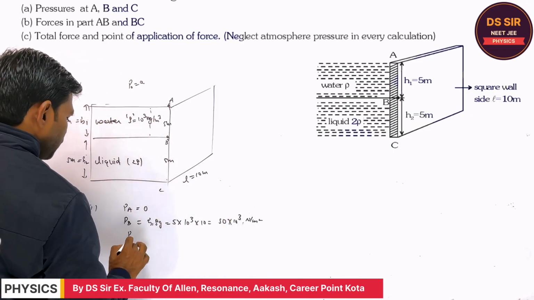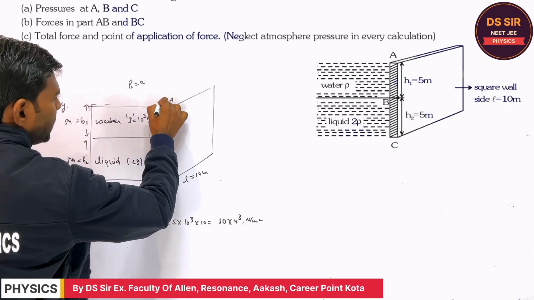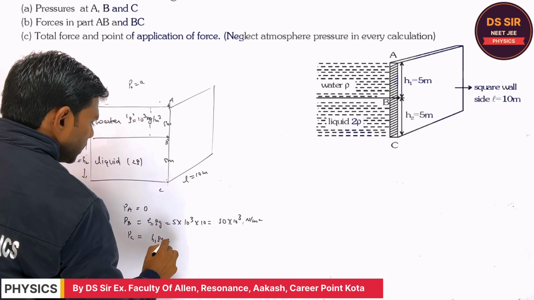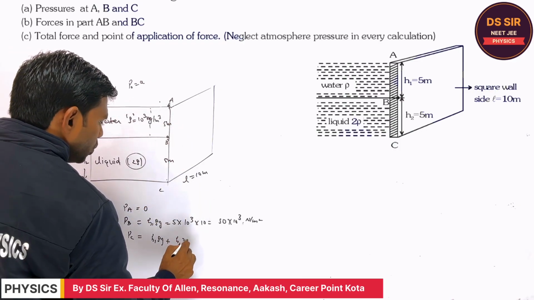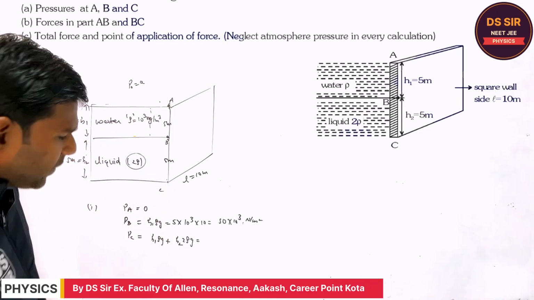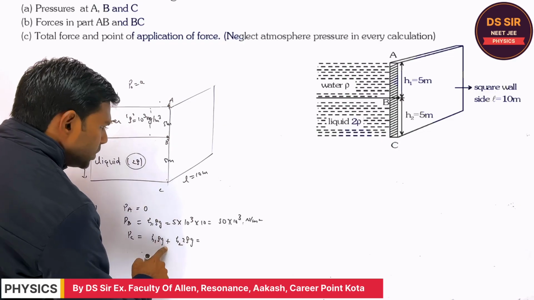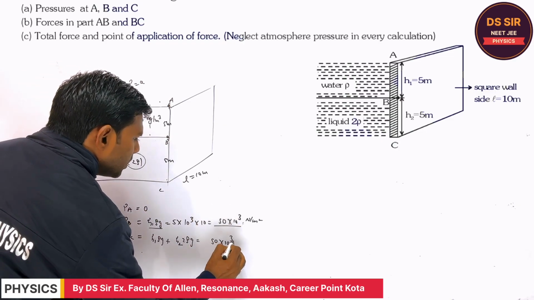This is the pressure at B. And what about at C? The pressure at C is P0 plus h1 rho g plus, with density 2 rho, h2 into 2 rho g. Is it clear or not? So how to find the pressure? When you calculate h1 rho g, it is 50 into 10 raised to 3.